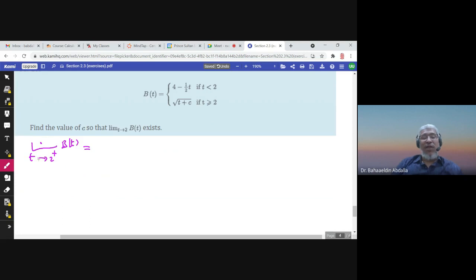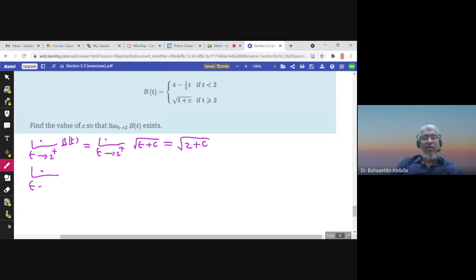So let us find this first. T approaches 2 from the right, so we should use numbers greater than 2. Greater than 2, this would be the definition of b of t, so I will use it. And now how to find the limit? We replace t by 2. So this is the limit from the right.